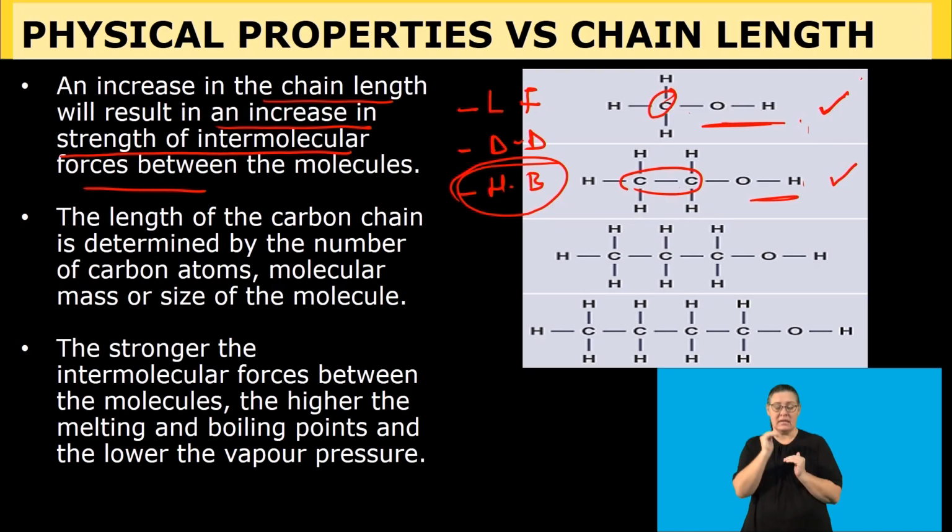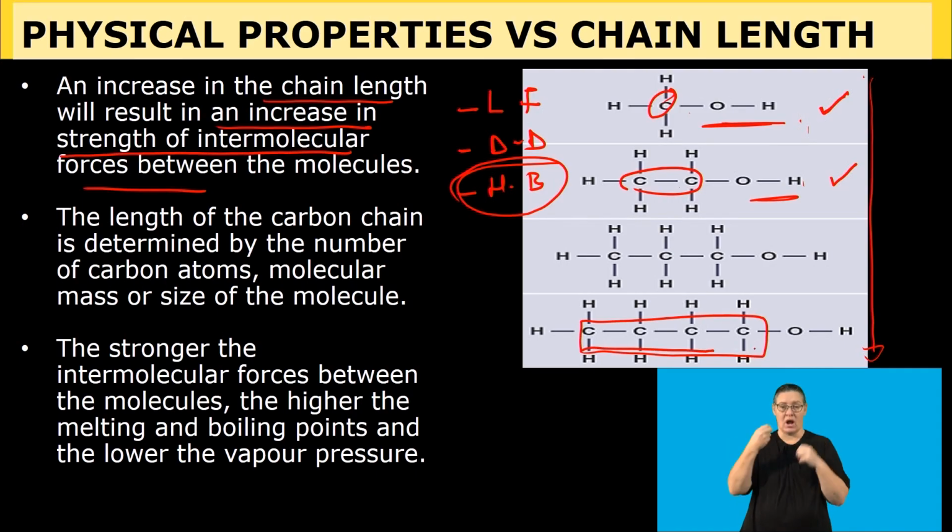As we are going down from 1 carbon all the way to 4 carbons, as we increase the length of the chain, the strength of the hydrogen bond is also going to increase, which means this alcohol has stronger hydrogen bonds as compared to this one here, and this one has stronger hydrogen bonds as compared to this one, and this one has stronger hydrogen bonds as compared to the first one.